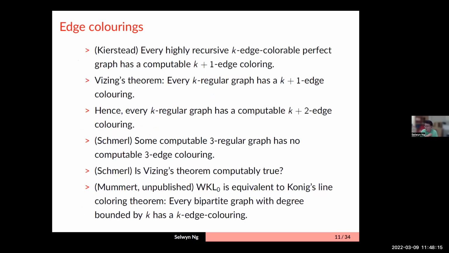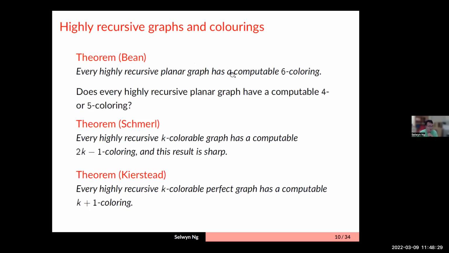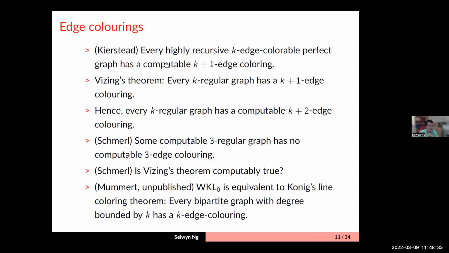Okay, so I'm going to just quickly talk about some related questions about edge coloring. So Kierstead also showed that, so basically the theorem from before was about vertex coloring, and he also showed that this was true for edge coloring. There is a well-known theorem by Vizing which goes along the lines of the following.